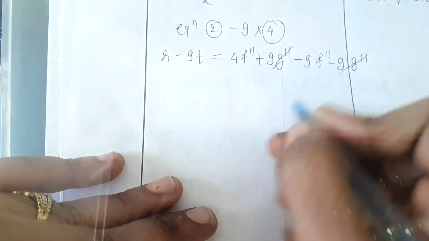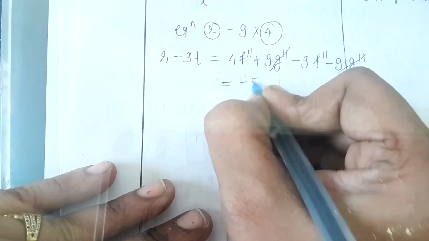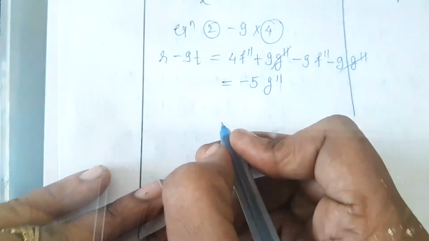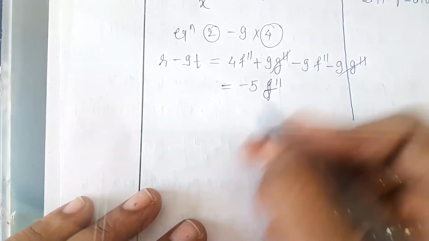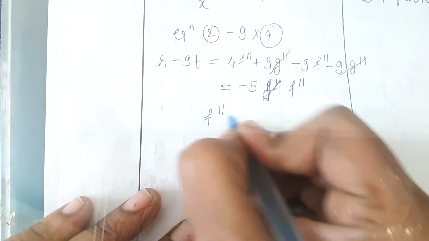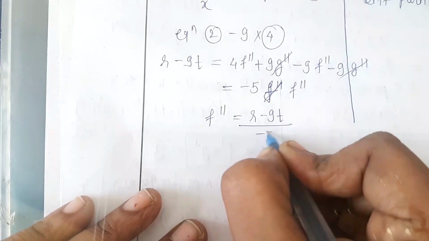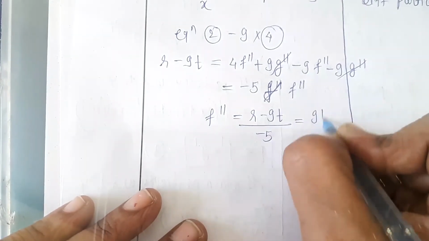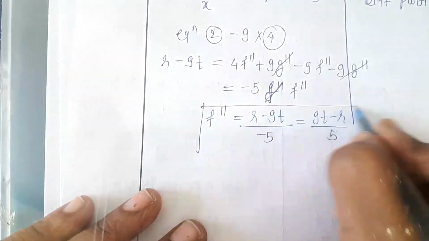So this gets cancelled. 4 minus 9 is minus 5 times f double dash. So what is the value of f double dash? It is r minus 9t divided by minus 5, or you can write it as 9t minus r divided by 5. This is the value of f double dash.